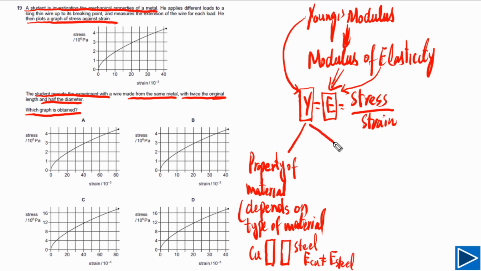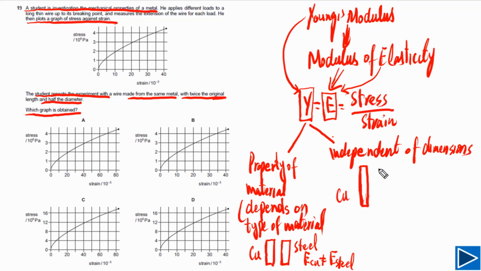The second thing we need to understand about Young's modulus is that it is independent of dimensions. What exactly does independent of dimensions mean? It simply means that let's say we have one wire made of copper, and we have another wire also made of copper.